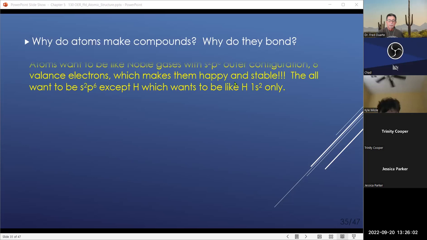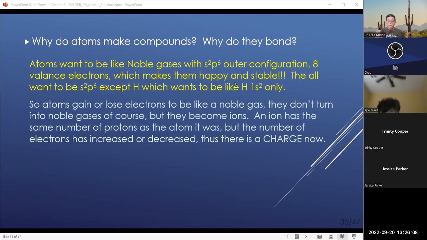So, why do atoms make compounds? The ultimate goal, like I stated, is to get to that magical 8. There are 2 types of compounds that we're going to make, 2 types of bonds. We're going to make ionic bonds, which have a full positive charge and a full negative charge.